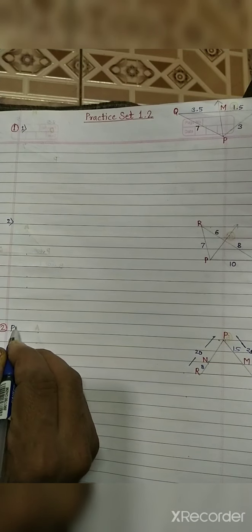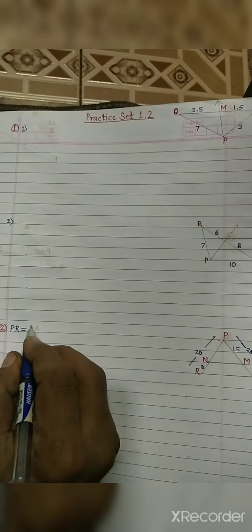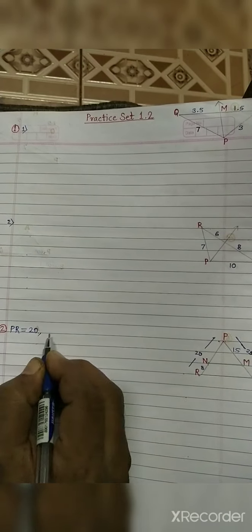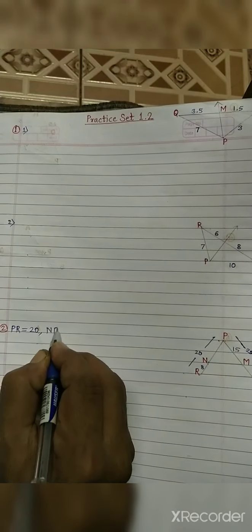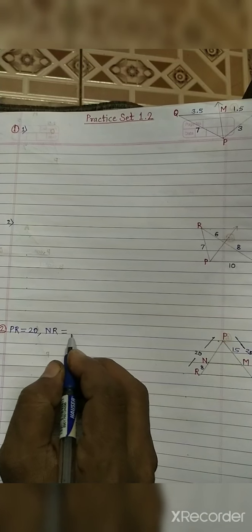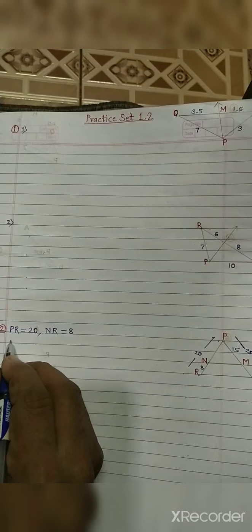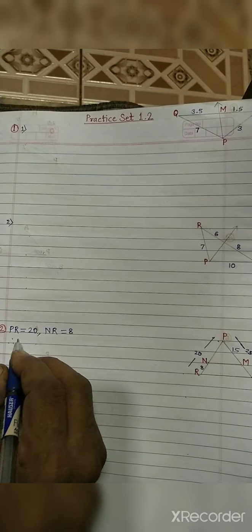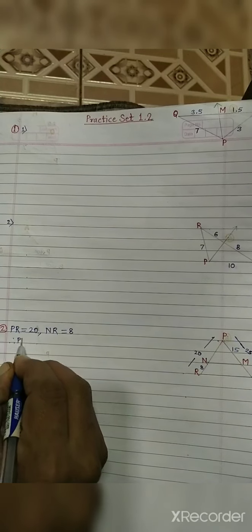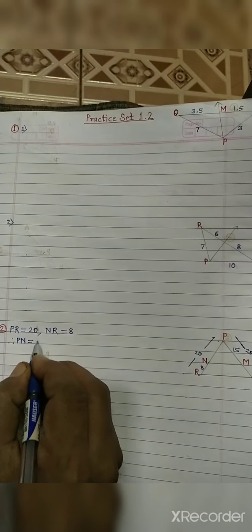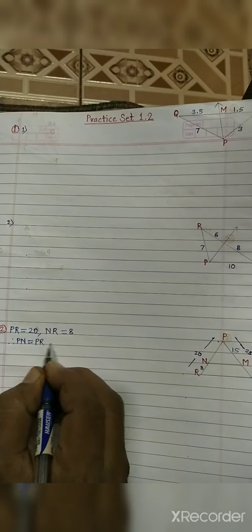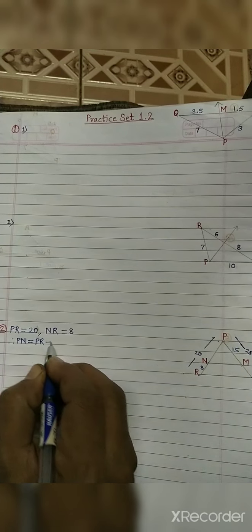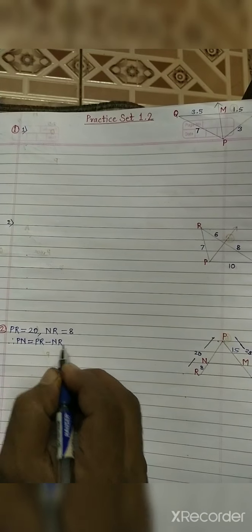PR is equal to 20 and NR is equal to 8. So here PN is equal to PR minus NR.